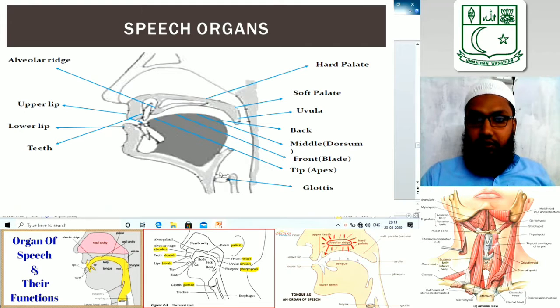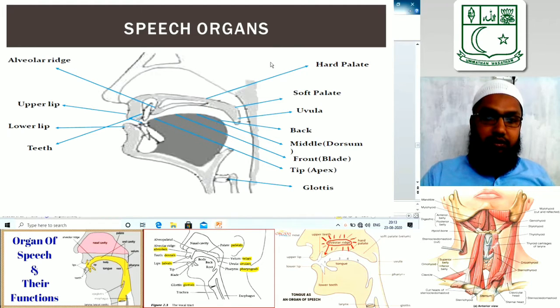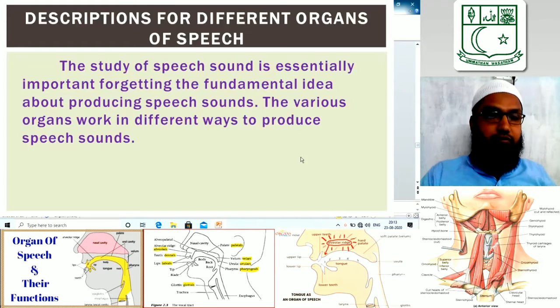Then here you can see one round circle that is called glottis. So my dear students, this is the structure of our speech organs. Try to remember this structure. You can draw this picture on a paper and practice and learn it completely. Let us see one by one.